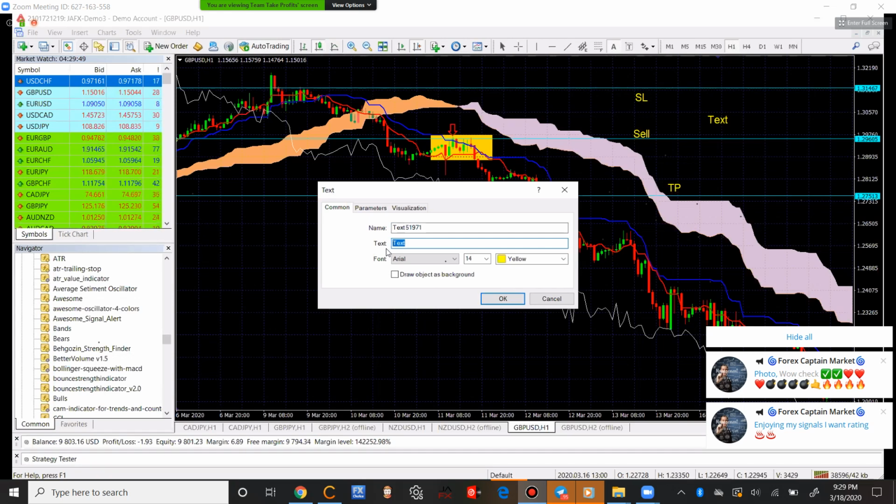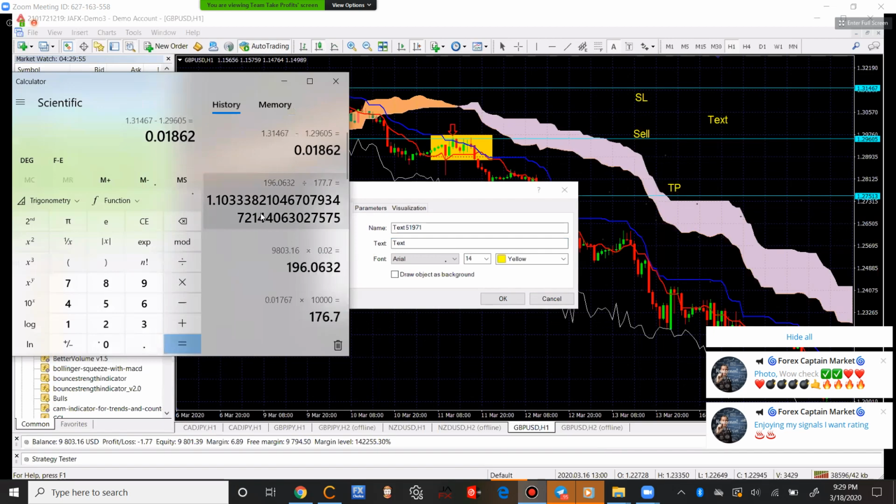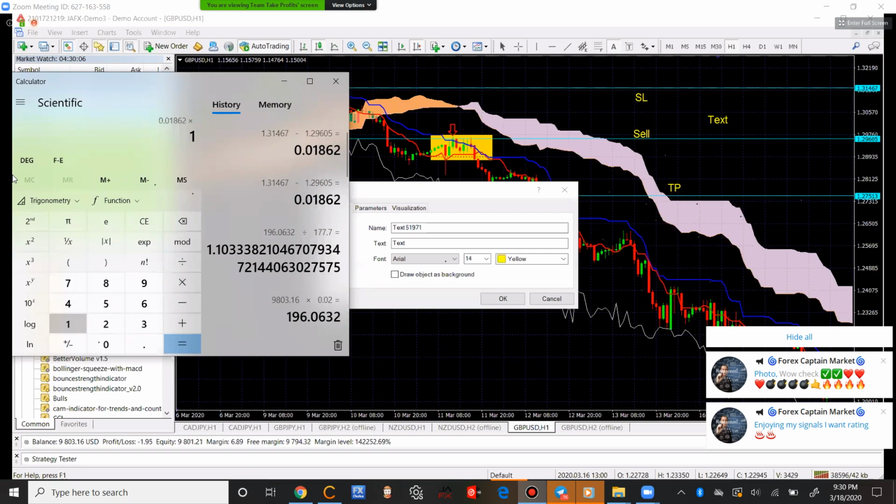Okay, so I'm going to put the number in there: 1.31467 subtracted by 1.29605. We'll multiply that by 10,000 to make it easier to read. So that's 186.2.